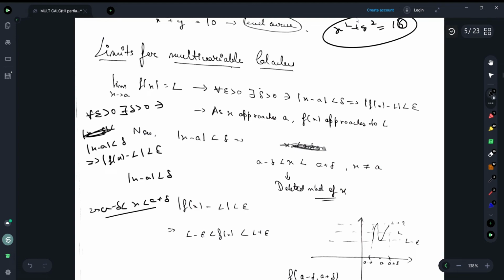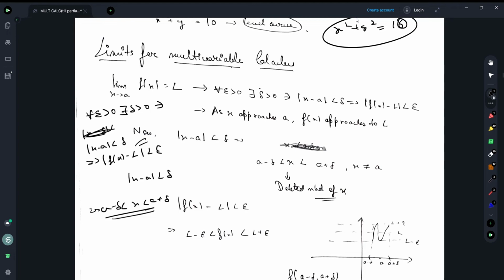So this is basically a neighborhood of a. This definition implies that as you take x inside the neighborhood of a, the point to which x is tending, the value of f x comes into the neighborhood of L.